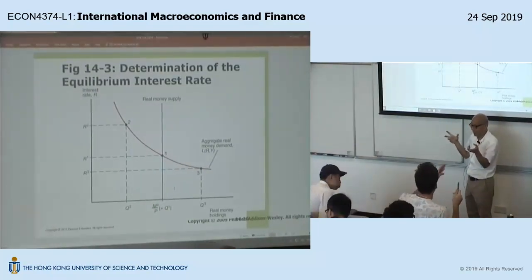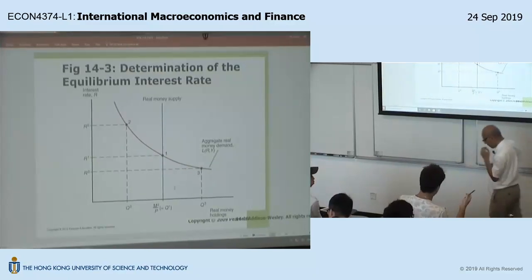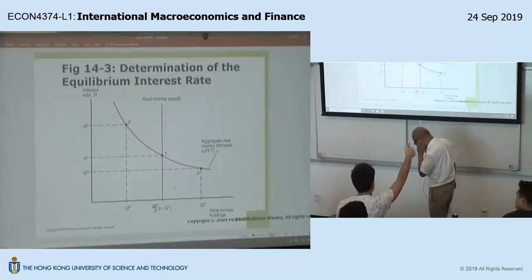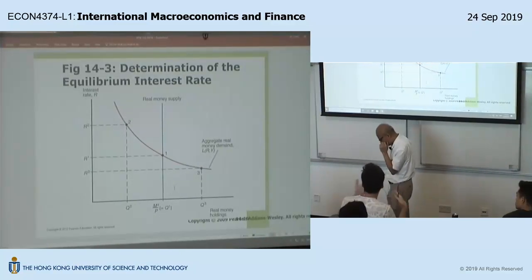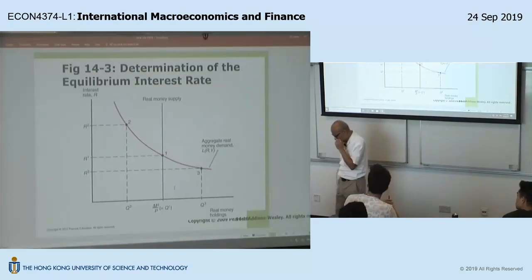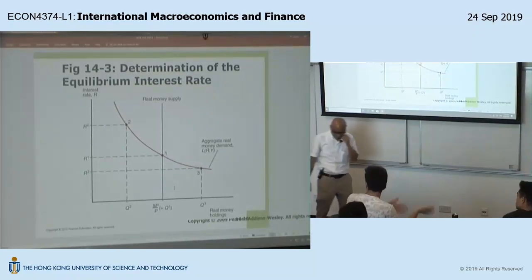Yeah. As the demand is higher, more people want to borrow money, so they're going to bid, and the price is going to go up. The only way of borrowing is paying higher interest rates because people want to borrow money as the demand is higher.